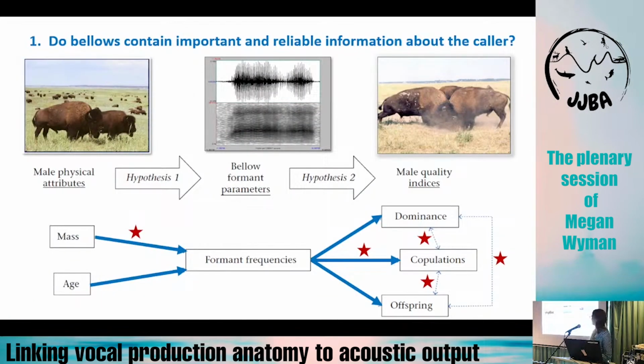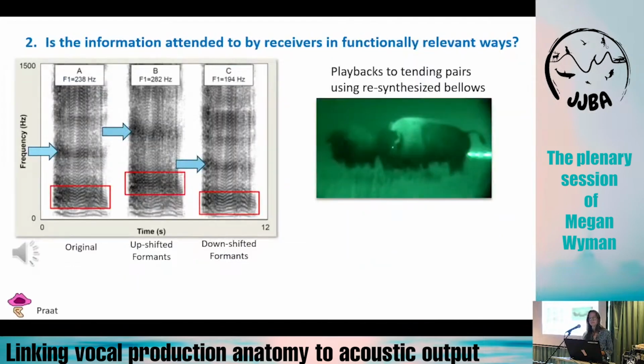Just to review, we found a significant result between mass and formant frequencies predicting copulations. And when we looked at the correlations between copulations and these other measures of male indices, they were highly correlated. So it's likely that these bellows are being used to transmit very important information to the receivers. But are they attending to it?